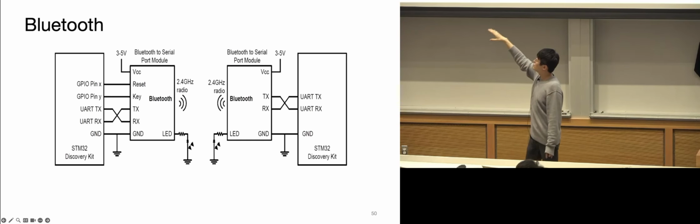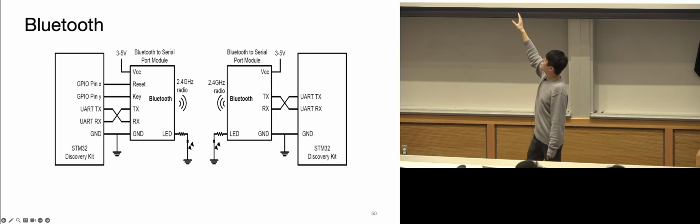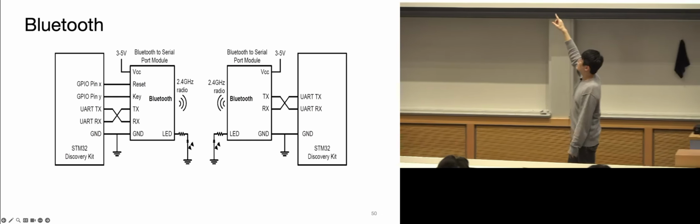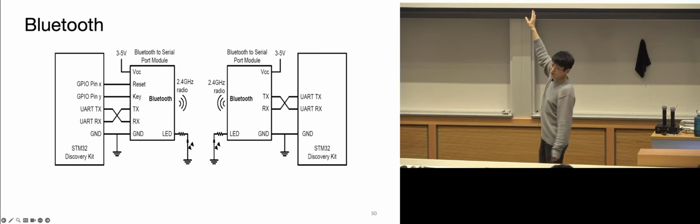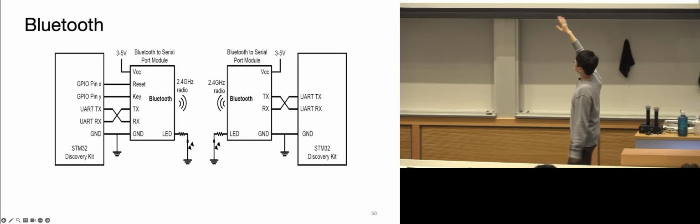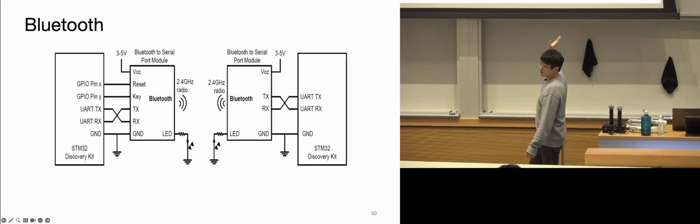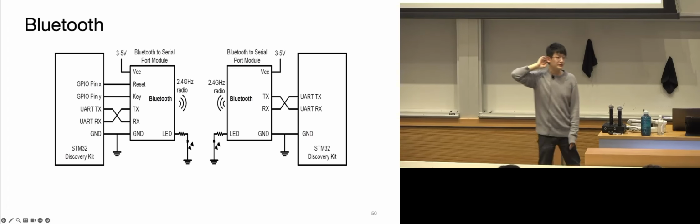So the data gets sent first through the serial to the Bluetooth, and the Bluetooth does its wireless communication protocol to another Bluetooth, and that Bluetooth receives the data and then passes it to another microcontroller through the UART protocol.